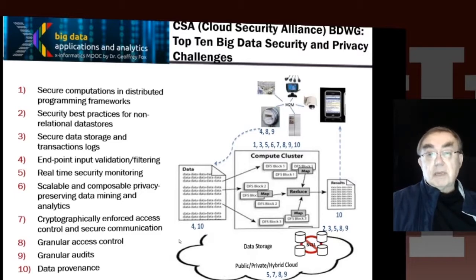So previously, a big data working group from the Cloud Security Alliance identified the top 10 big data challenges. And we will see these on the next slide. The nice thing about both these slides is they not only write down 10 challenges, they tell you where they are in the architecture.